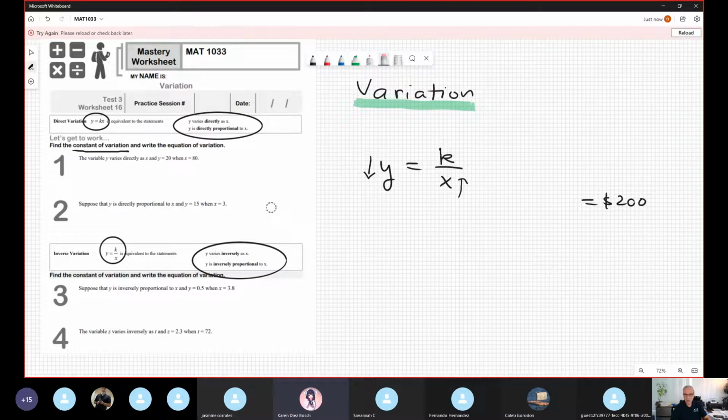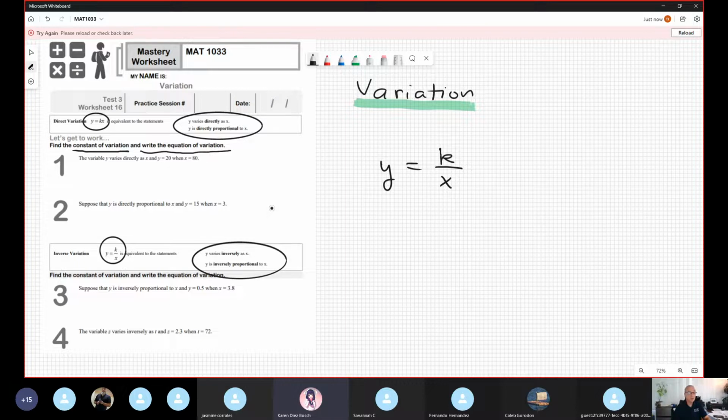Now I need to find the constant of proportion. That's the formula, and the constant of proportion is k, remember. In number 3 and number 4, we need to find the constant of variation and write the equation of variation. I forgot the equation in the 1 and 2.